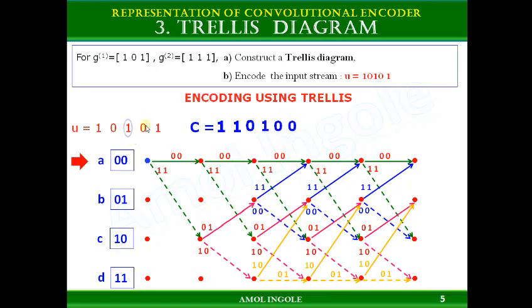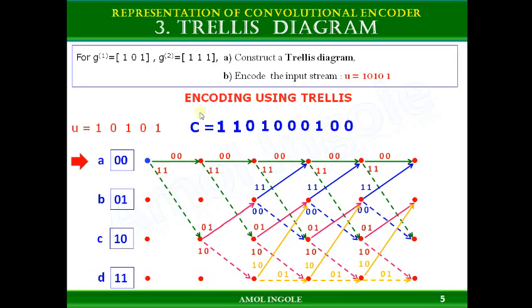Let's consider the next input bit, which is 0 now. Input bit is 0, so from this node you have to follow the darker line, and that will give you output bits 0 1. So this 0 1 is written here.